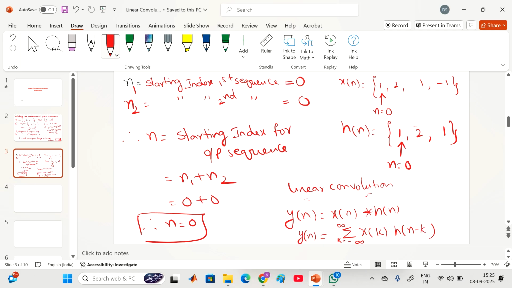So this is the overall formula for getting a linear convolution. To get this, first of all we represented the input sequence as a discrete time signal, that is a train of impulses, summation of x of k with the shifted impulse response. Thereafter we applied it to the linear time invariant system. So there we got this formula, right?